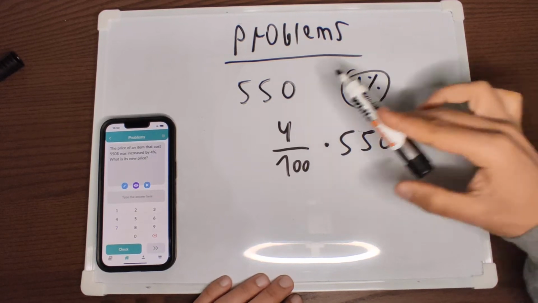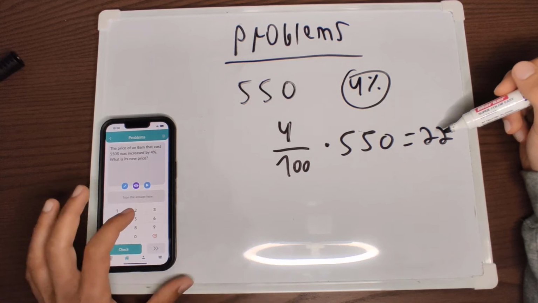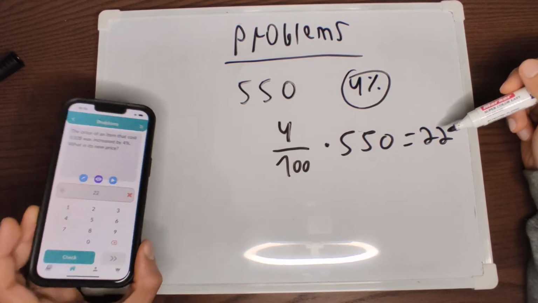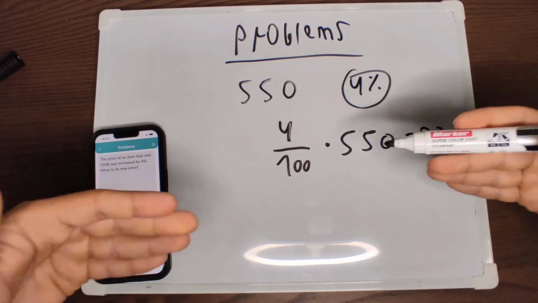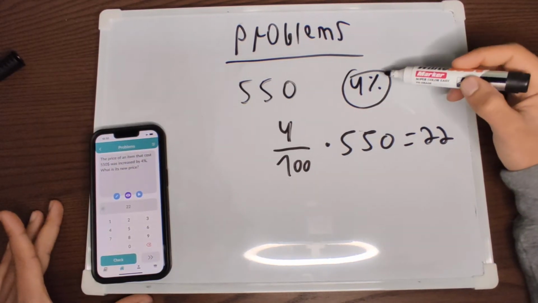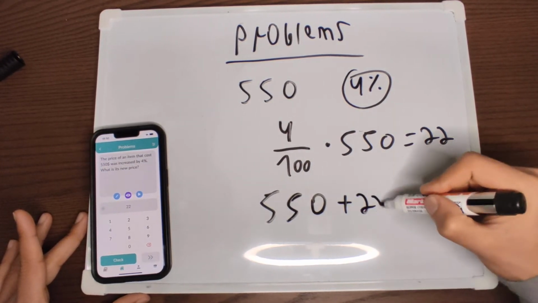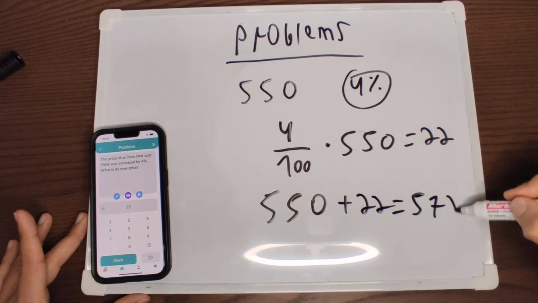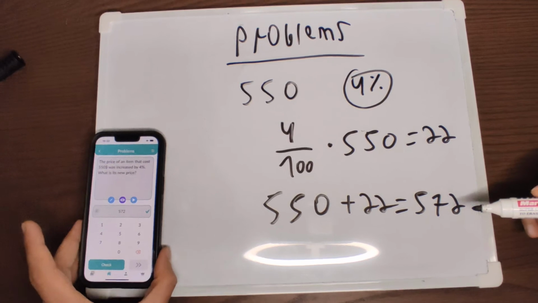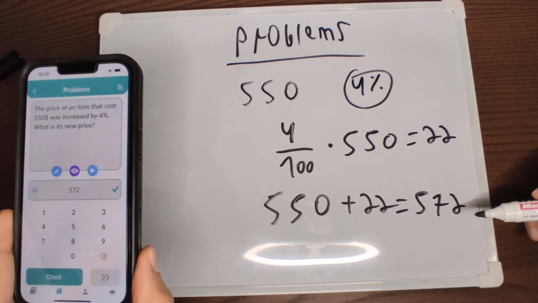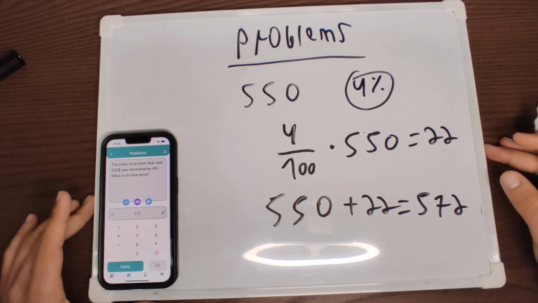So 4% out of 550 is 22. So 22, is it the answer? No, it's not the answer because the price was increased by 4%. So we need to take 550 plus 22, which results in 572. So let's check 572. We are correct. And also here we can watch the full solution.